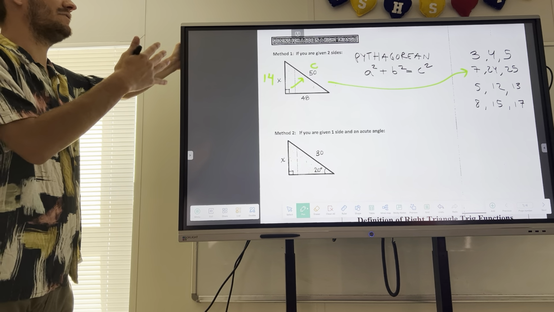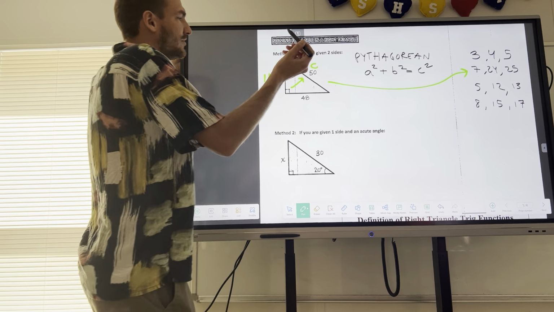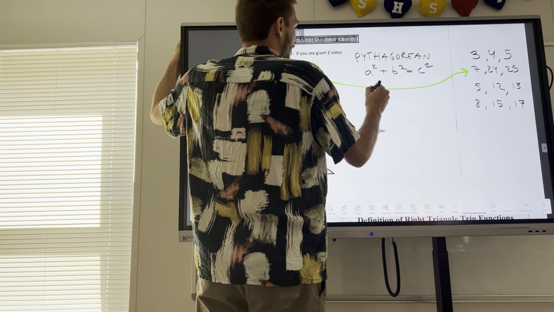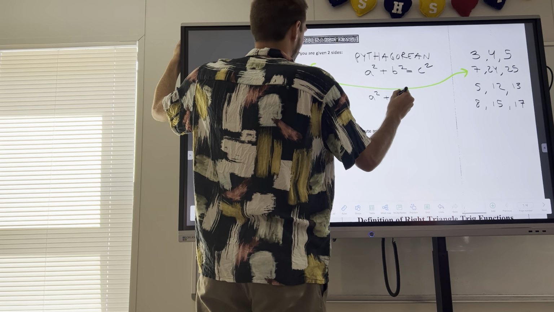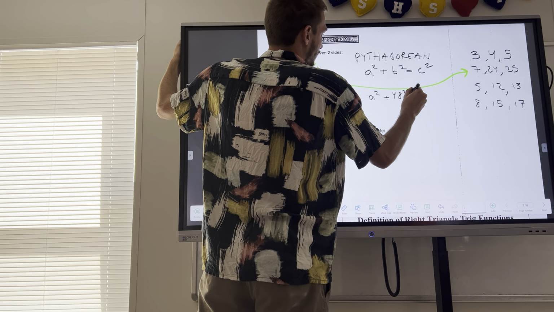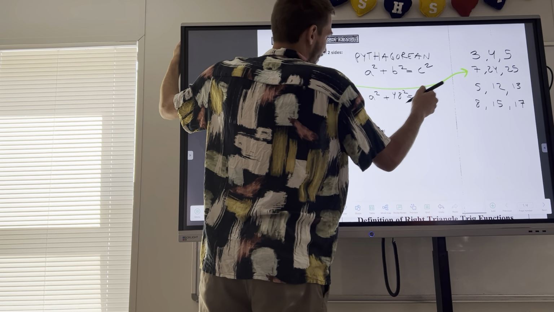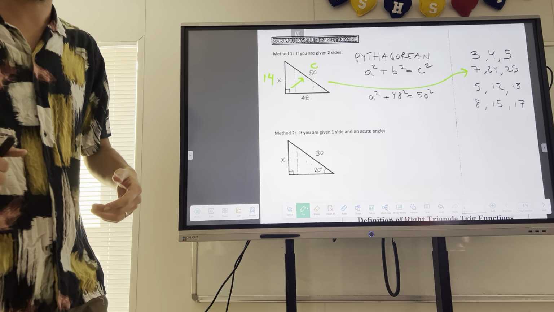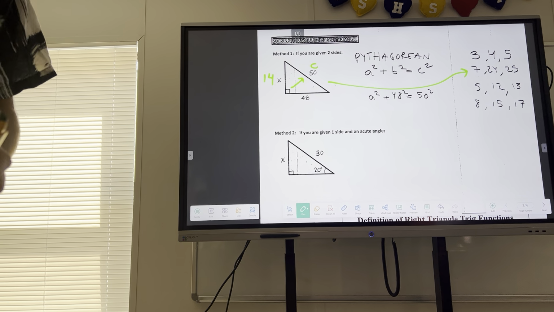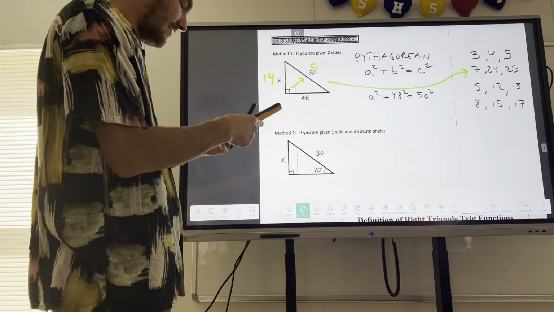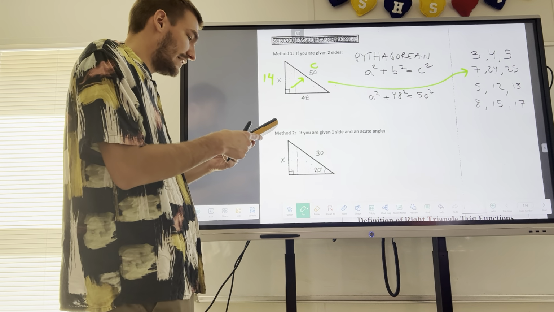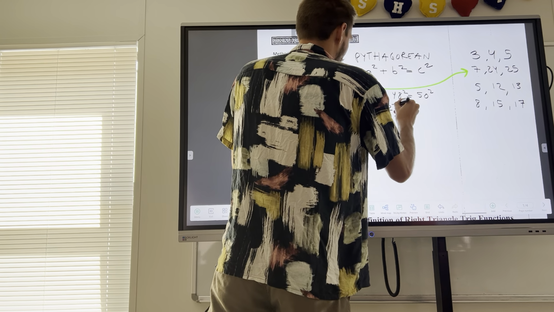And if you didn't know that, you could still solve the whole question. We didn't do one of these on the homework, so I'll just do it real quick. We could have a squared plus 48 squared equals 50 squared. Thank goodness we got our calculator here, because yikes, that's a real mess. 48 squared is 2,304.